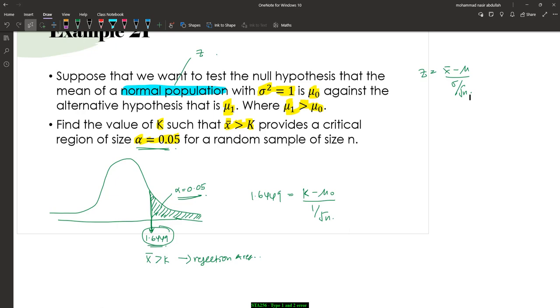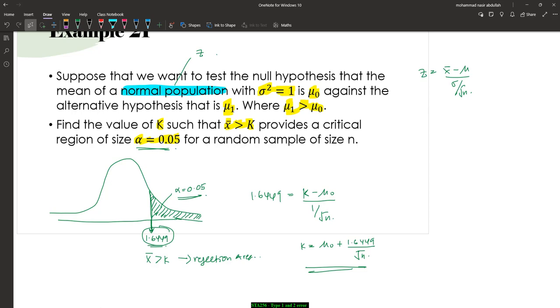So now to find the value of k, kita boleh manipulate this one lah, right? So k should be equal to mu naught plus 1.6449 over square root of n, right? Ni bawa ke sana, so dia akan jadi macam ni, right? Boleh?